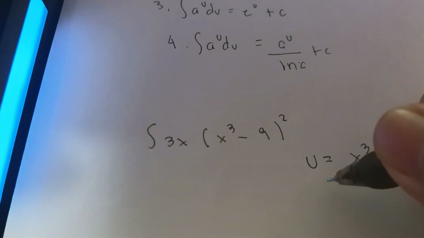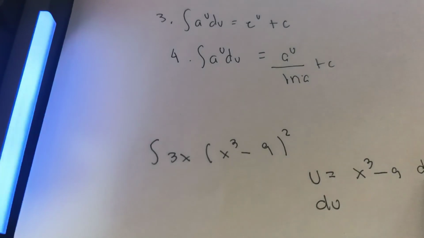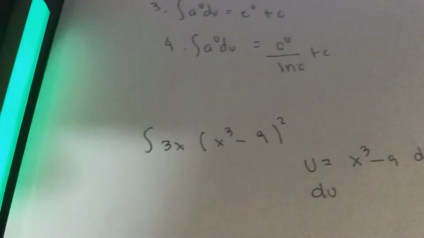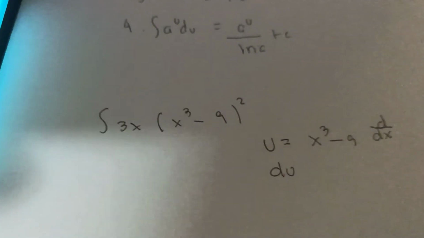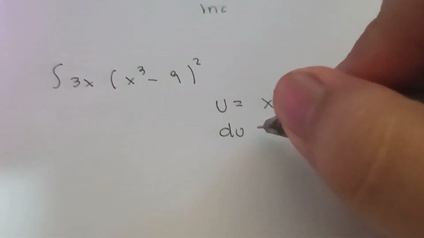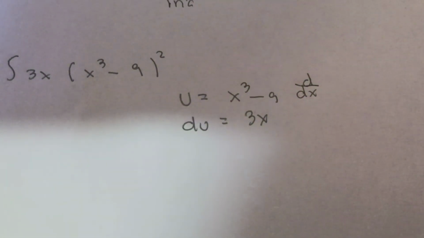What I'm gonna do now is search for du. Oh, by the way, we must place dx here. d over dx. So our u is 3x, and since 9 is constant, we're just gonna leave it behind.